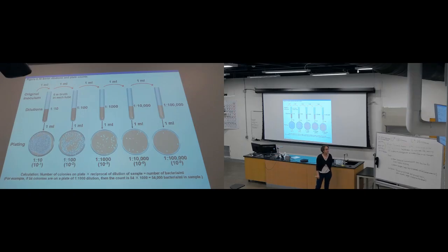So then, always when you find something that is not closer to 25 or very close to 250, then pick that, and then you will have a duplicate. So you may have, for instance, in your other plates, in your 10 to the minus 5, let's say 200 colonies.